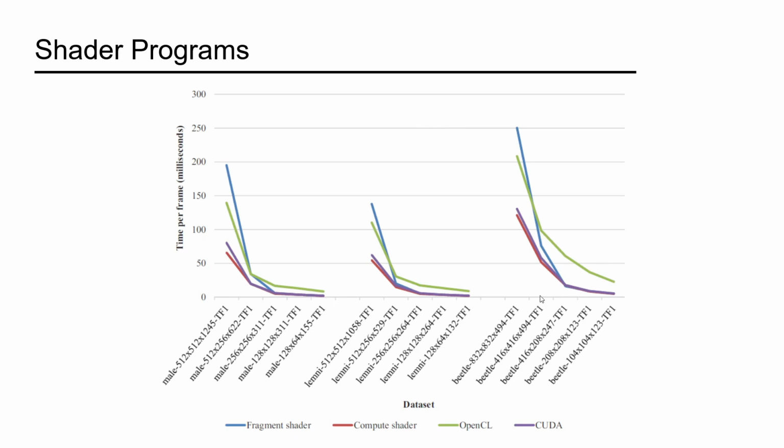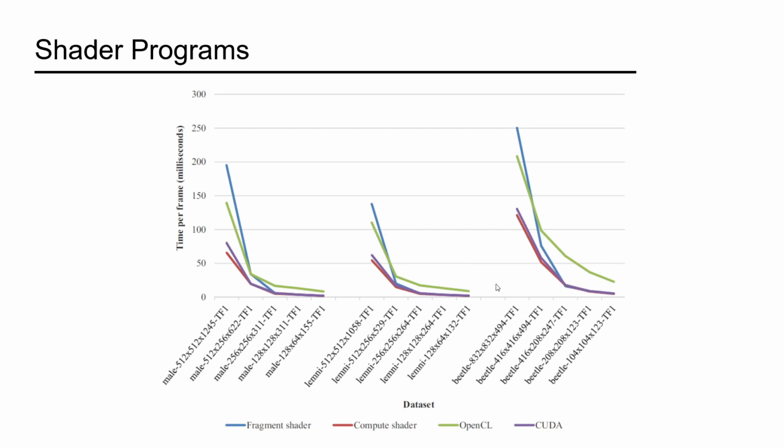In all 3 of these cases, the compute shader was either the fastest or tied for the fastest implementation of the algorithm. The fragment shader was arguably the worst, with OpenCL lagging behind. CUDA is fairly close in performance to the compute shader, but it marginally loses out.